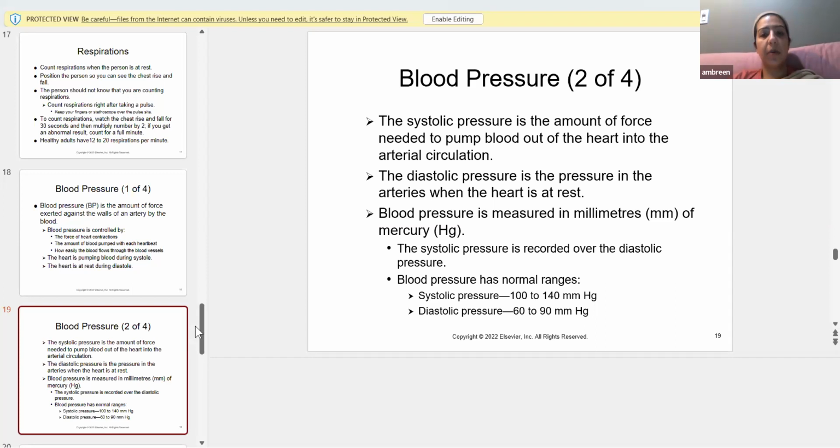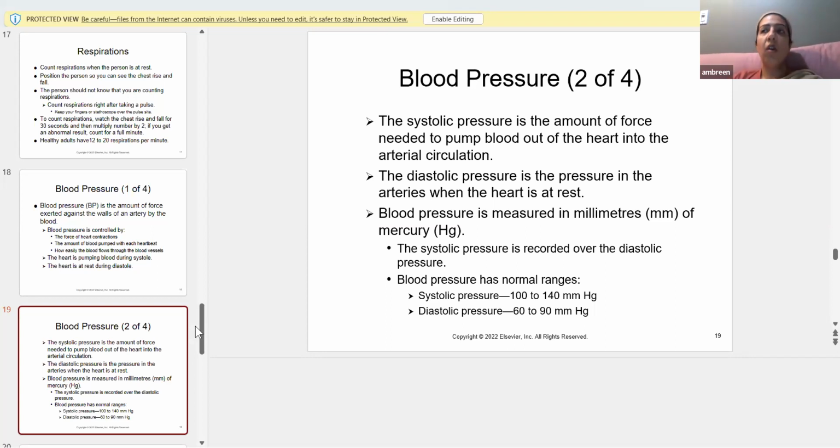The systolic blood pressure is recorded over the diastolic pressure. Systolic blood pressure is the upper one, and the diastolic is always the lower parameter. So the systolic blood pressure normal range is between 100 to 140 mmHg. Diastolic blood pressure is 60 to 90.